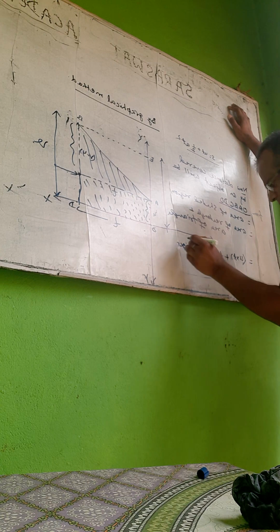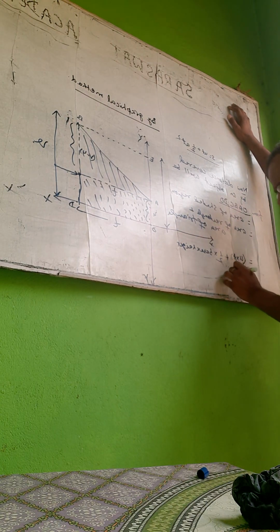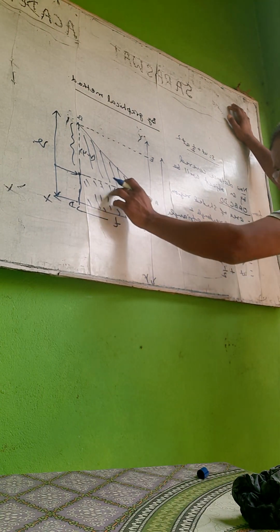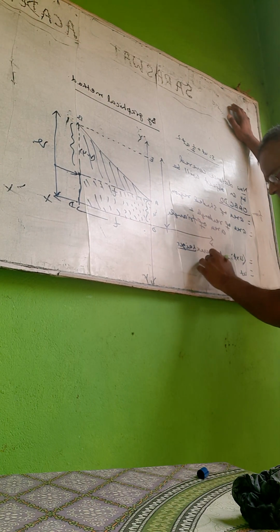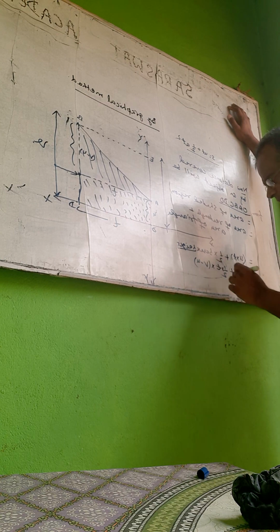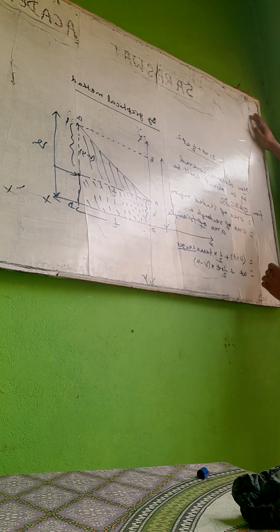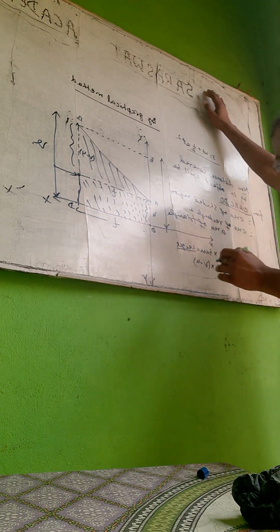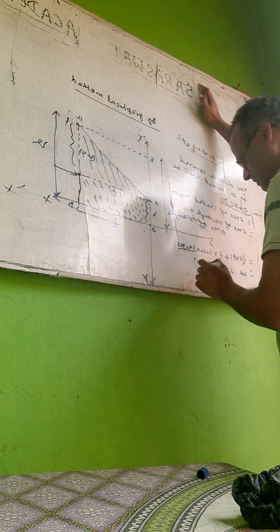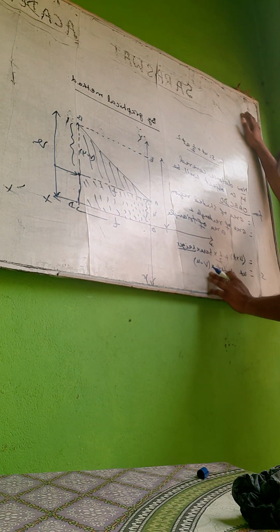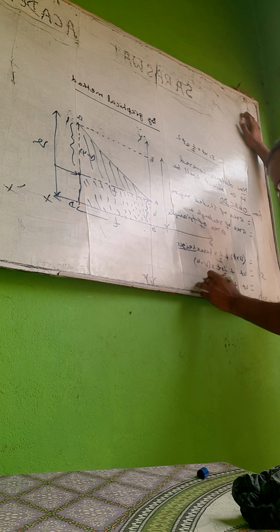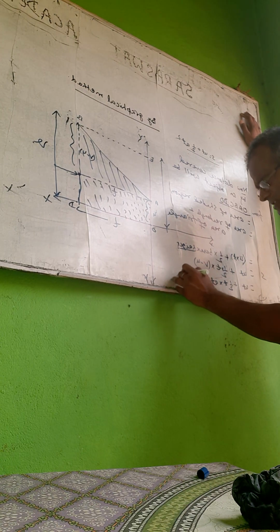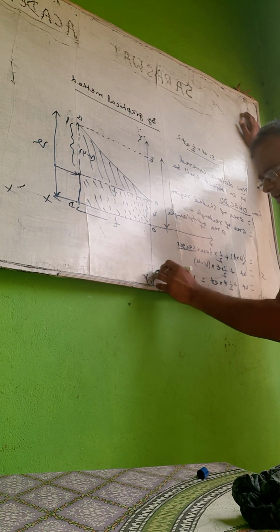This value will be ut plus half. Here the base is given as t, and the height is v minus u. Now from the first equation, we see that v minus u will be equal to at. Hence ut plus half t into at, that equals ut plus half at square.